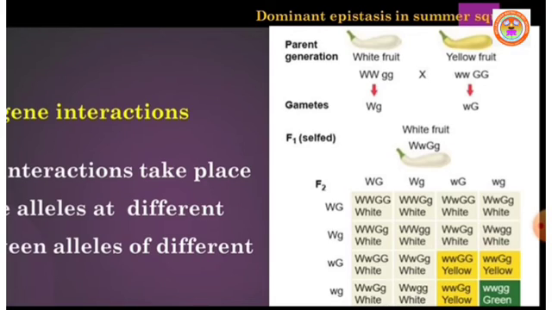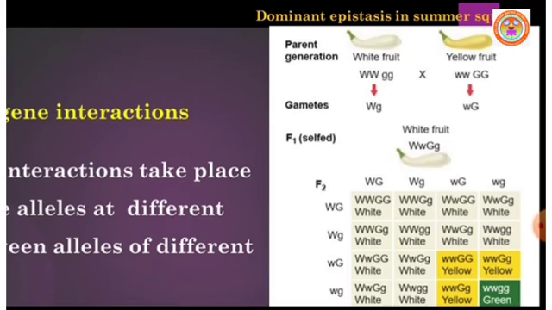If capital W is absent and the hypostatic allele capital G is present, due to the absence of the epistatic gene capital W, the color of the fruit will be yellow.